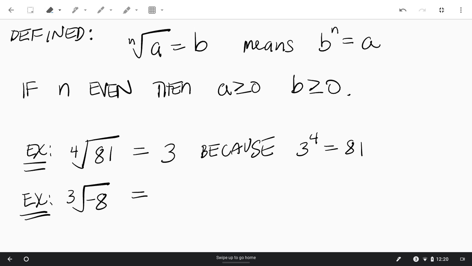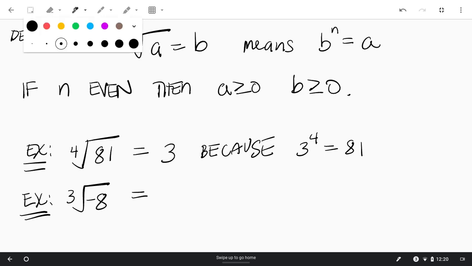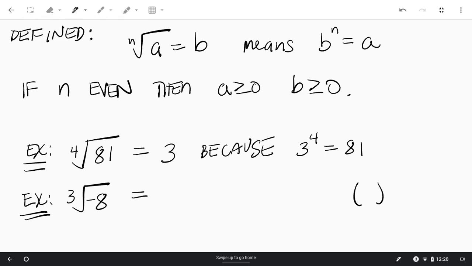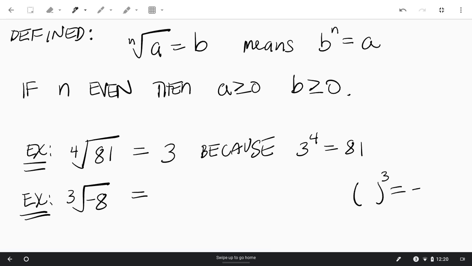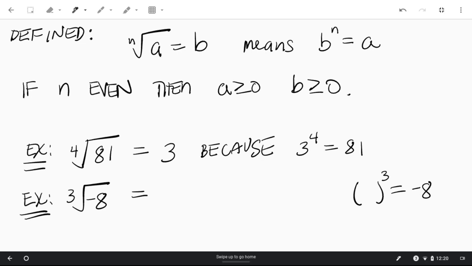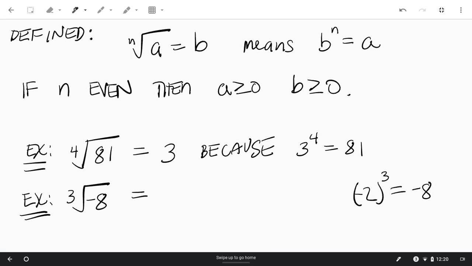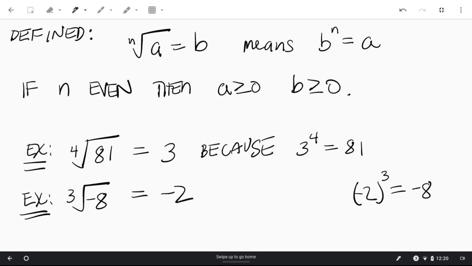Okay, so you're trying to find a number so that when you raise it to the 3rd power, you get -8. Okay, so what number would that be that you raise to the 3rd power? Did you say -2? You are correct. Okay, so the answer would be -2.